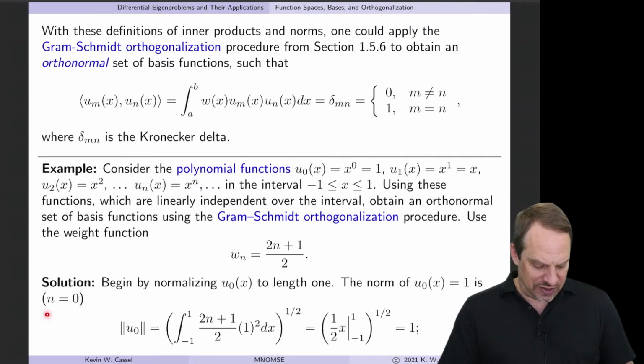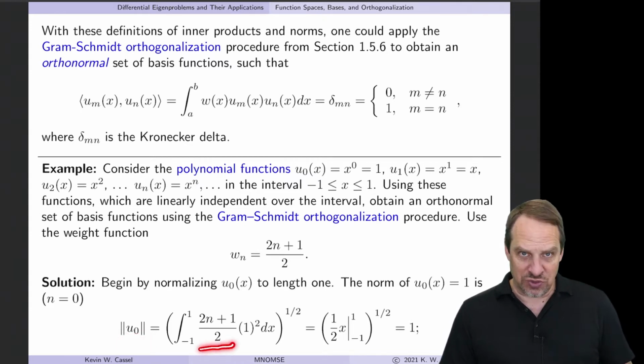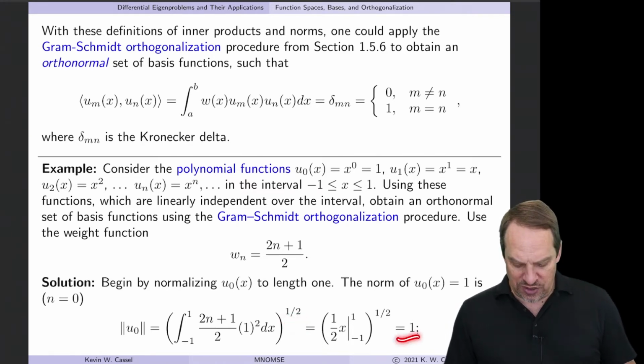Now in this case, n is equal to 0 because we're dealing with u0. And so we have the norm of u0 is the integral from -1 to 1 of w, the weight function, (2n+1)/2, again n being 0, times u0 of x, which is 1, squared. You do that integral, and then you take the square root. And so you end up getting 1.